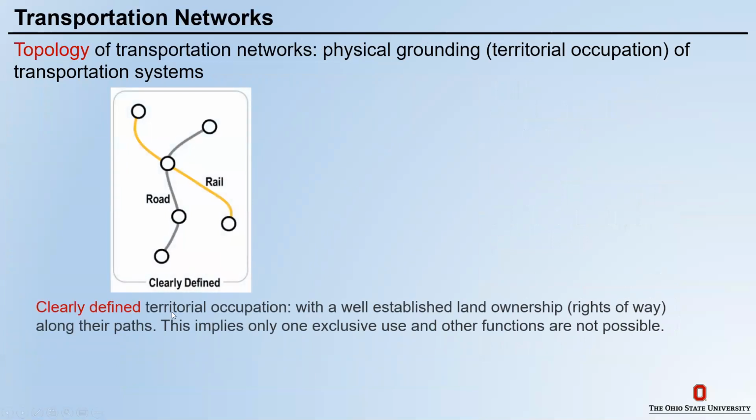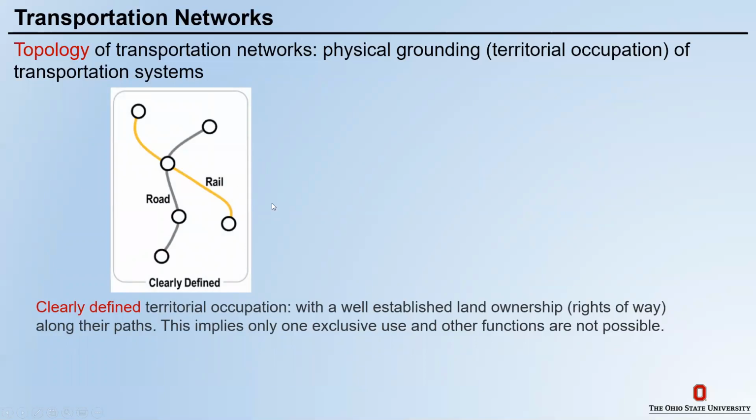So there are clearly defined transportation networks. They have clearly defined territorial occupation in the real world, with a well-established land ownership along their path, for example, highway or railway. This implies only one exclusive use and other functions are not possible.